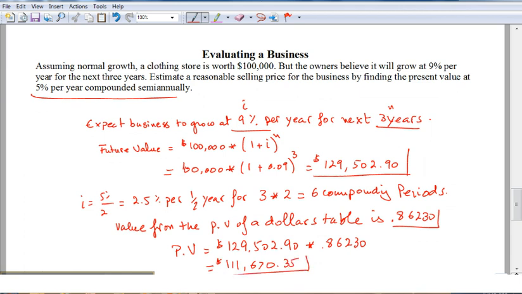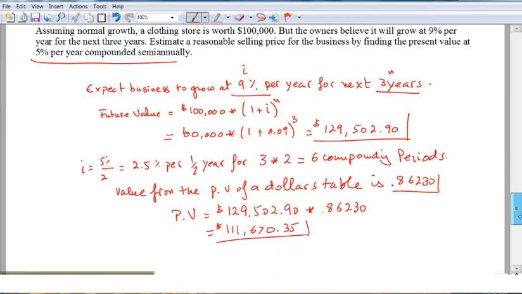So the reasonable selling price will be 111,670.35. I hope this was helpful.